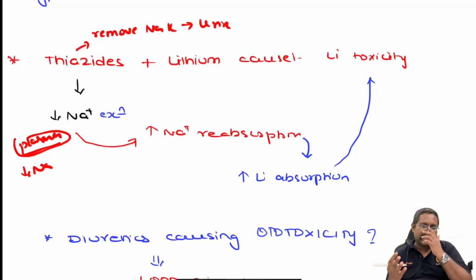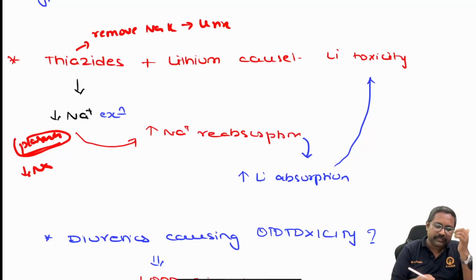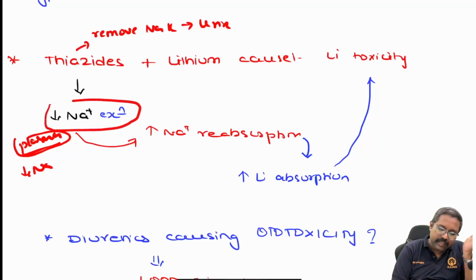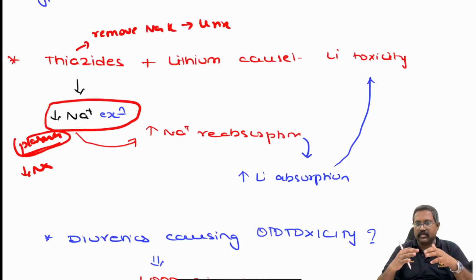So the body will send a signal, and there will be a reflex or feedback mechanism where the body has got less sodium, and the body tries to absorb sodium. Since sodium is lost, what has to be absorbed now?